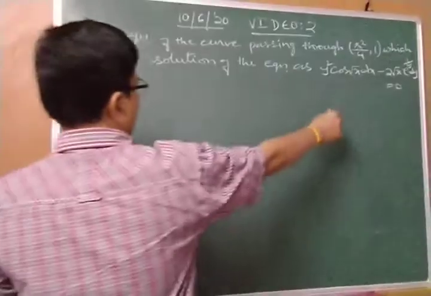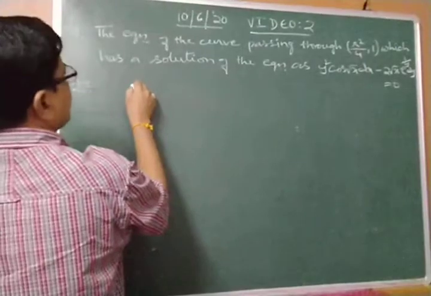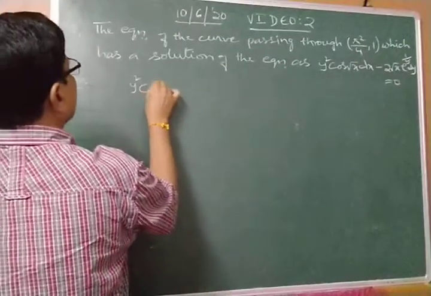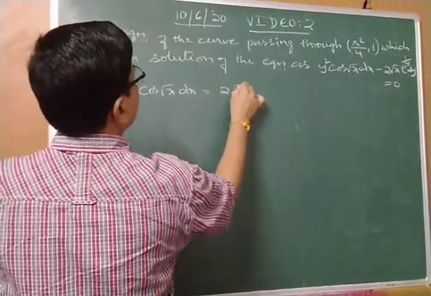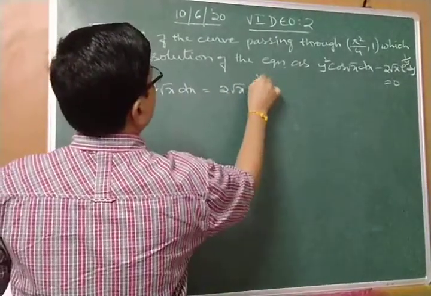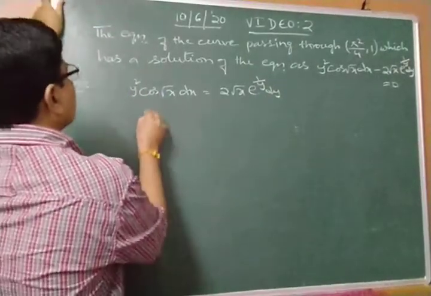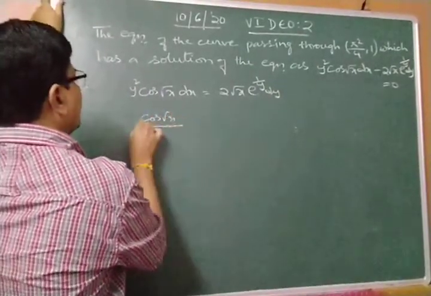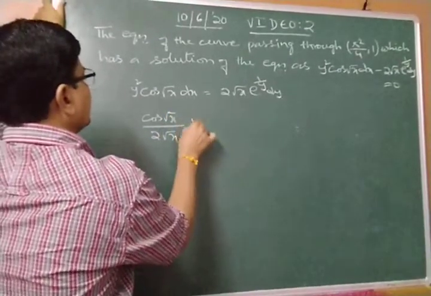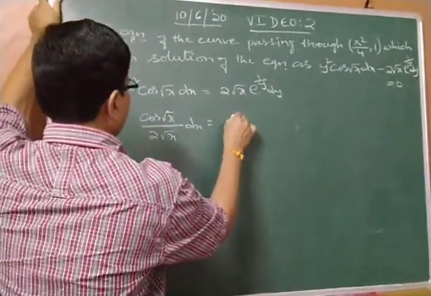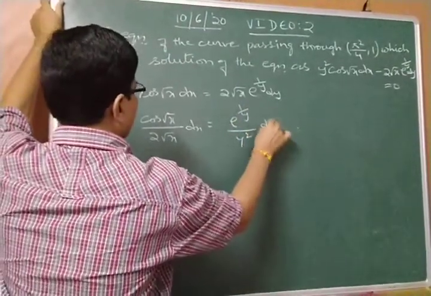First of all, we solve this differential equation, that is y square cos root x dx is equal to 2 root x into e to the power of 1 by y dy. Now this is cos root x by 2 root x dx is equal to e to the power of 1 by y, divided by y square, dy.